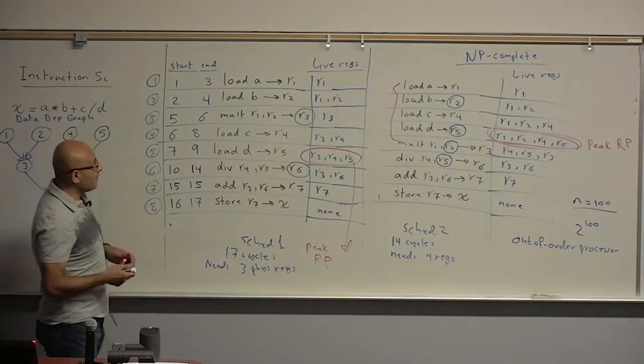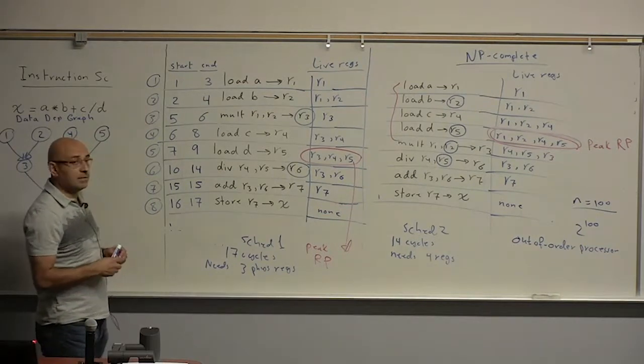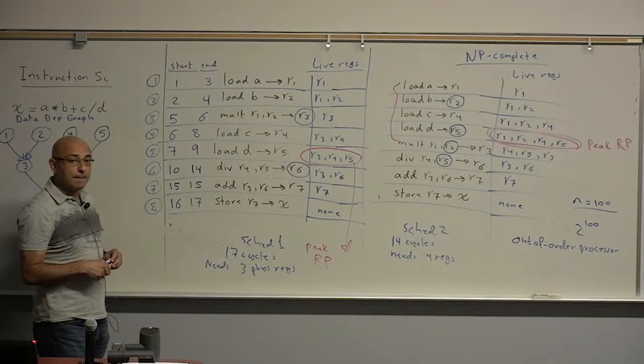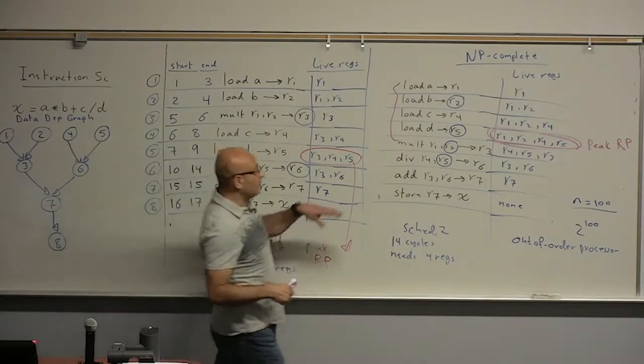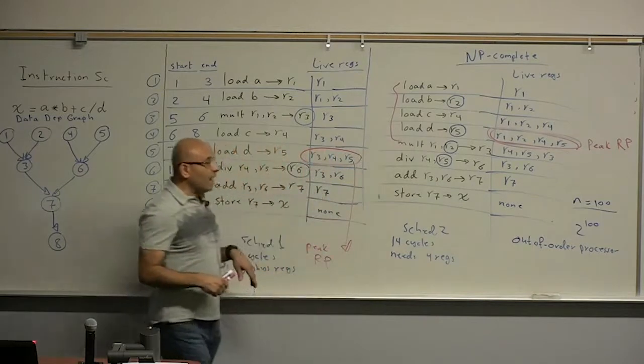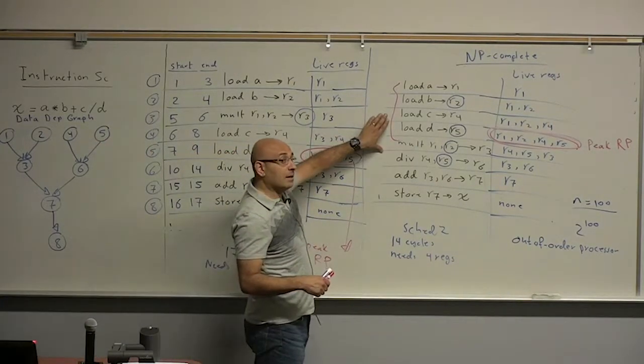And why does it matter whether the processor is out of order or in order? Because the out-of-order processor will do what the scheduler does automatically. Yeah, exactly. So hopefully, the out-of-order processor is going to do this at runtime.